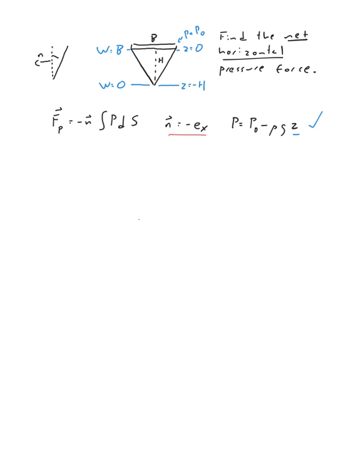And the other thing is, since we're doing a net horizontal pressure force, if there is air on the other side of this wall, which there is, then I'm just going to go ahead and get rid of this and call this P net instead. It would be the same as the gauge pressure, the net pressure, the same. And what we get is FP is equal to the integral of negative rho gz dS. All right, that's all well and good.